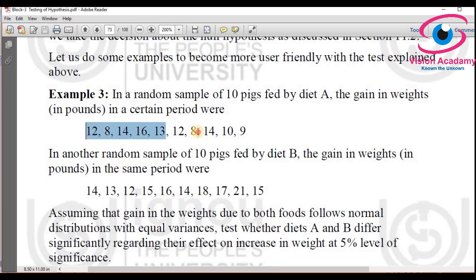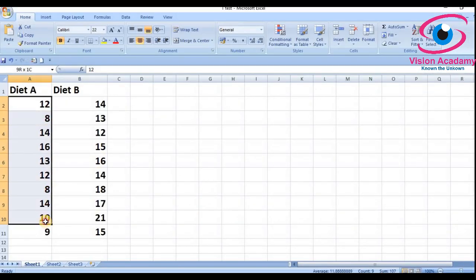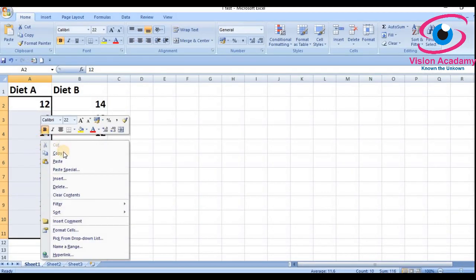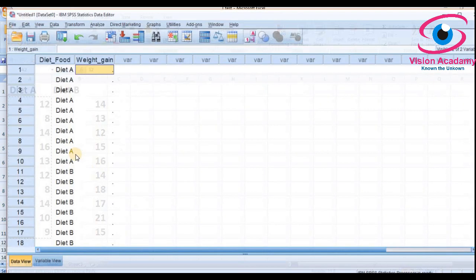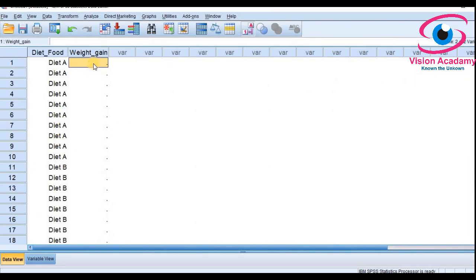For the respective weights, the gain in weight for the 10 diet A foods is here. I have entered that here. I will just copy and paste it into the SPSS software to make it faster. So diet A: 12, 8, 14, 16, 13, 12, 8, 14, 10, 9 respectively.